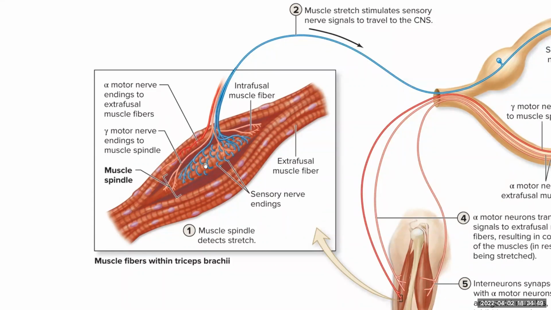And then we wrap up our muscle spindle in our extrafusal muscle fibers. And the extrafusal muscle fibers are going to be innervated by the alpha motor neuron. That's the larger neuron. The intrafusal will be innervated by the gamma motor neuron, and those are smaller fibers.